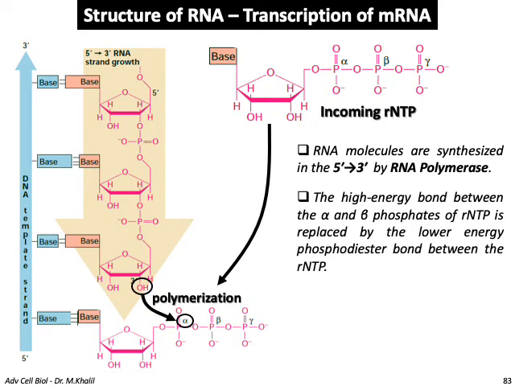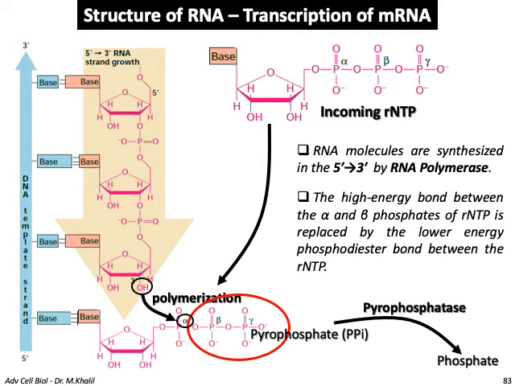There is a process of polymerization where the OH reacts with the alpha phosphate. The high-energy bond between the alpha and beta phosphates of the ribonucleotide is replaced by a lower-energy bond between the OH and the alpha phosphate. The resulting byproduct is pyrophosphate, which, with the help of pyrophosphatase, is converted into phosphate molecules that can be used to build new nucleotides.